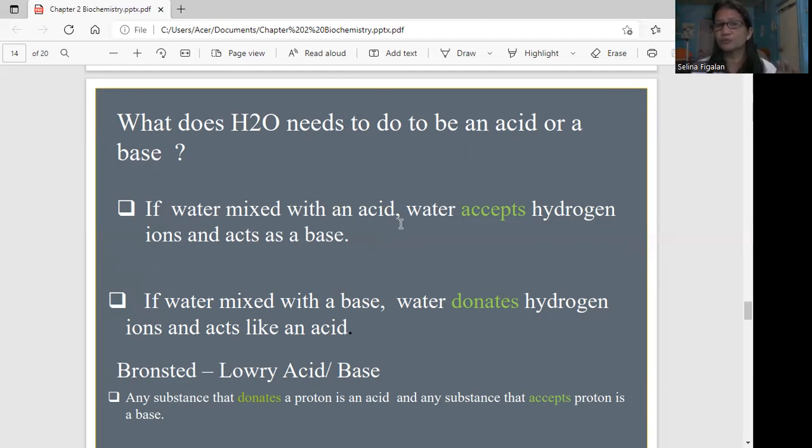If water is mixed with a base, one of the examples na base, like for example, Zonrox or Clorox, they're considered as a base. Di ba ang pH level nila mataas? So this water, it gives hydrogen ions. And since the water donates hydrogen, this water becomes an acid. Okay?